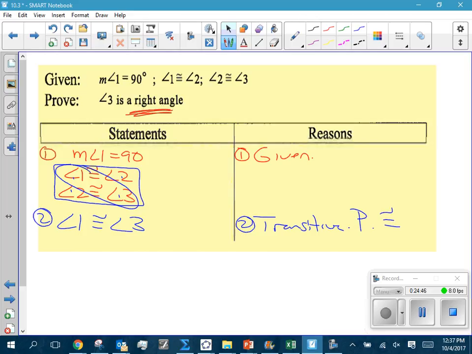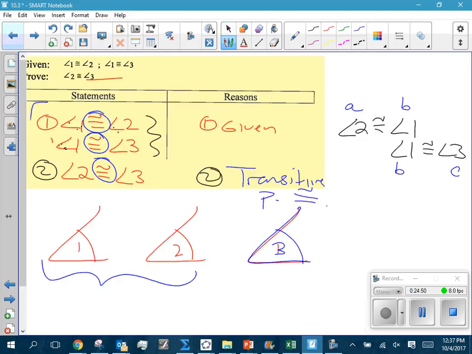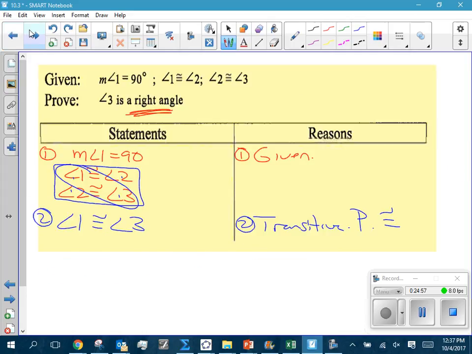Okay? So inside this proof, there are going to be more steps. But you see inside that proof, we've got the proof we did earlier, right? It's the exact same steps. But now we're going to build off that even further. Now, we have angle 1 being congruent to angle 3.